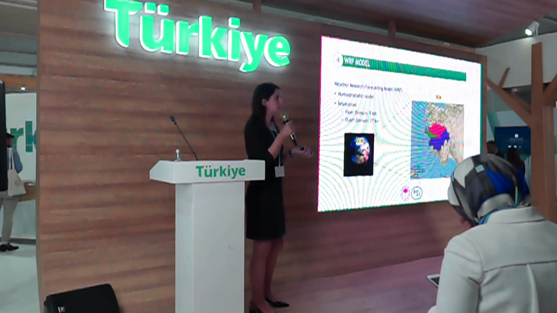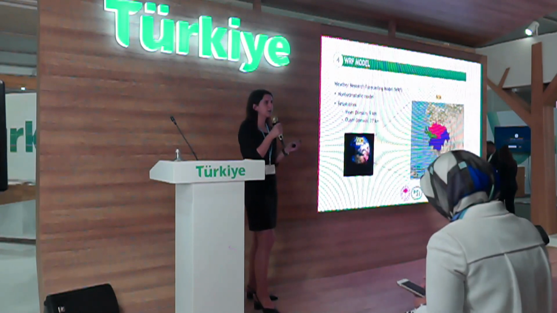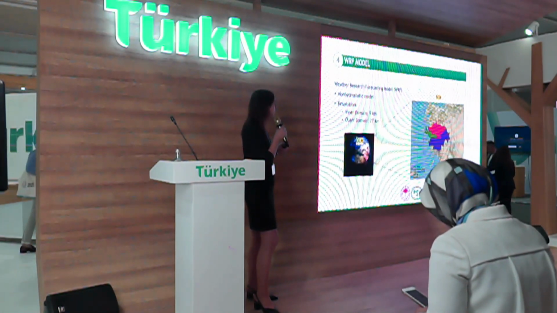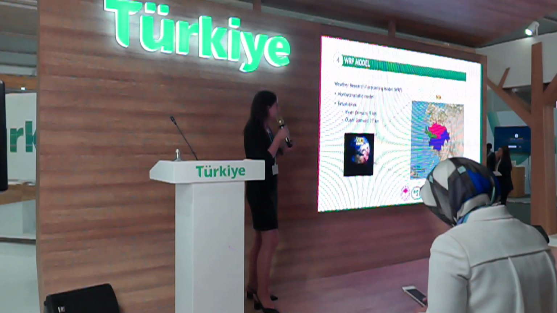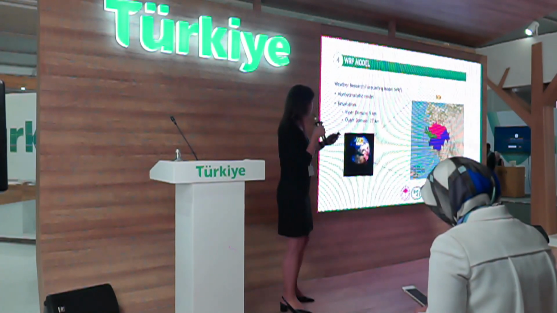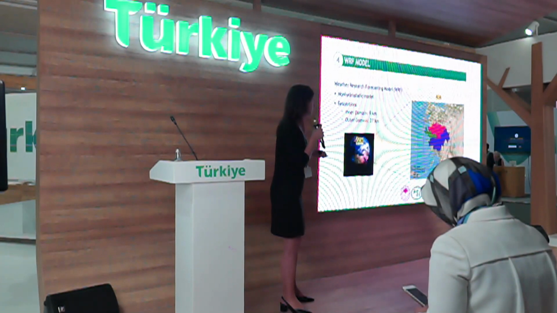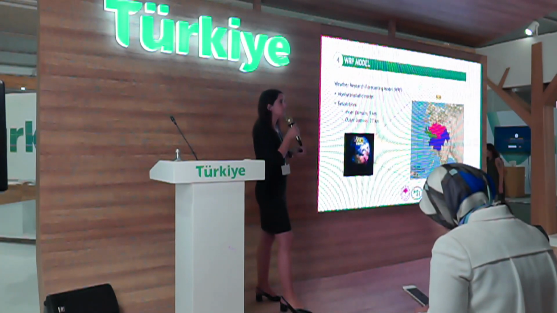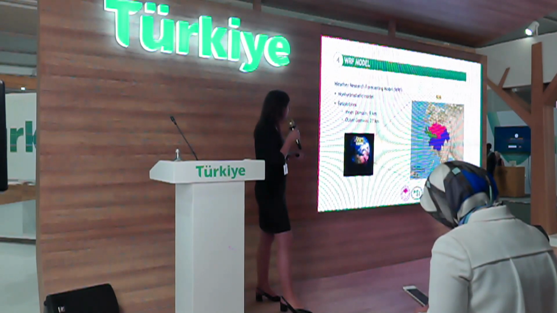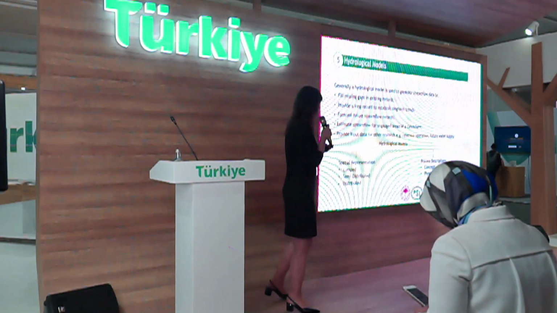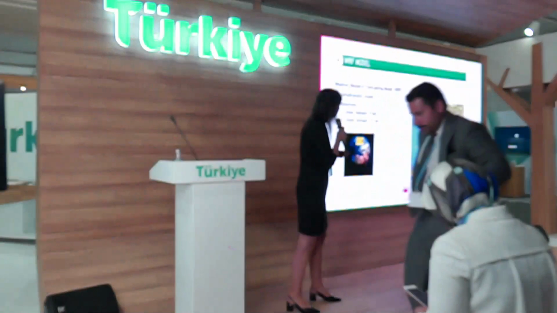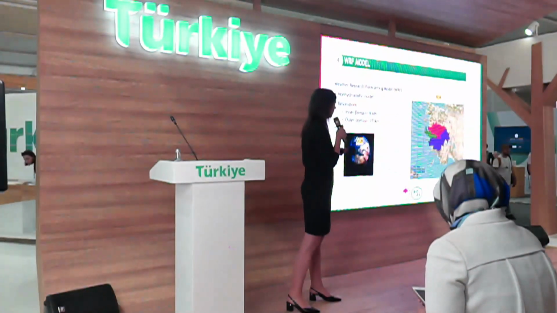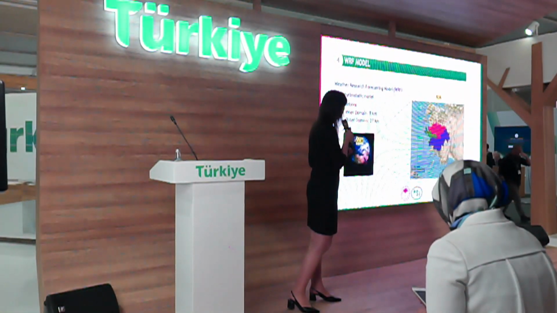So what we did was use one of the dynamical downscaling techniques, the WRF model, and they have different resolutions. For the outer domain, we use 27 by 27 kilometers, and for the inner domain, we use 9 by 9 kilometers. The Gediz River Basin is the one colored in orange.